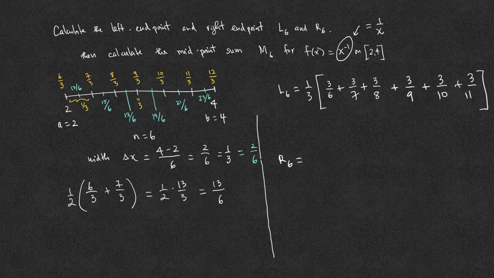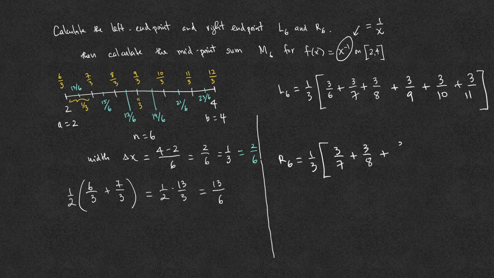R6 is, the first area is 1/3 times the height, but all of these have the same width, so we can factor out 1/3. The first height that we're using is the right endpoint. With x equals 7 over 3, the height is 1 over 7 over 3, which is 3 over 7. The next height is 3 over 8.